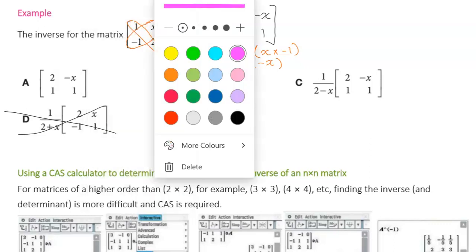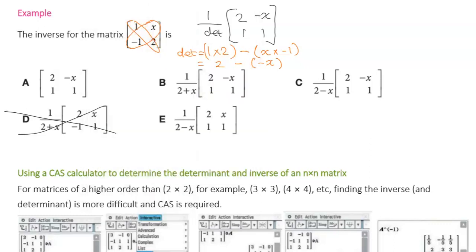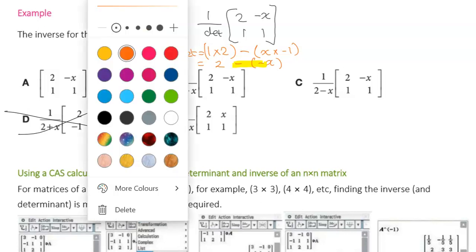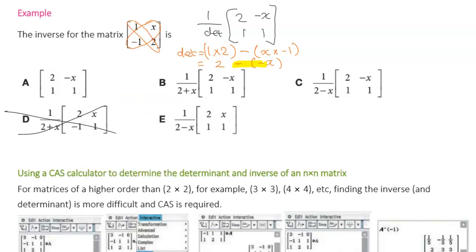If we think back to learning about integers, if we have a negative take away another negative, that is going to become a positive. So we get 2 plus x.